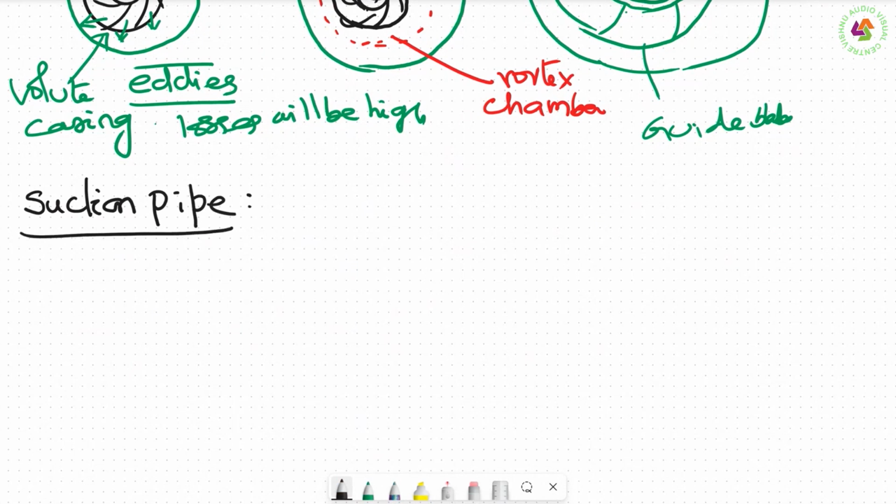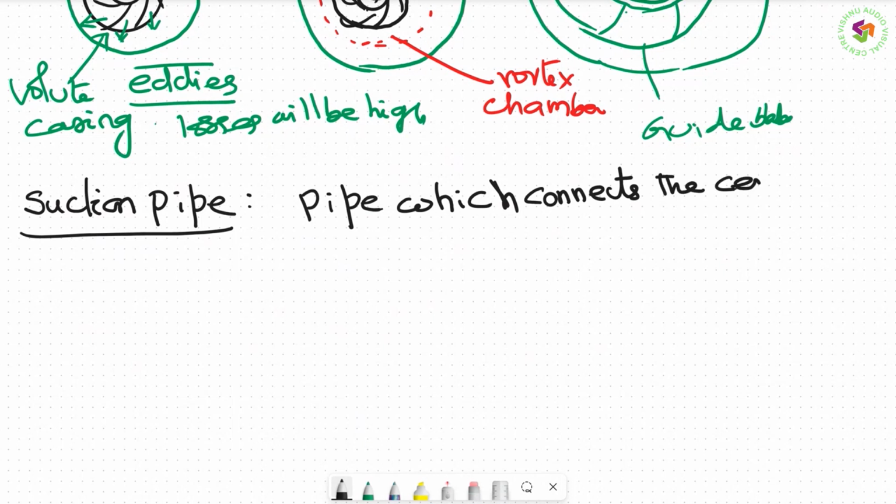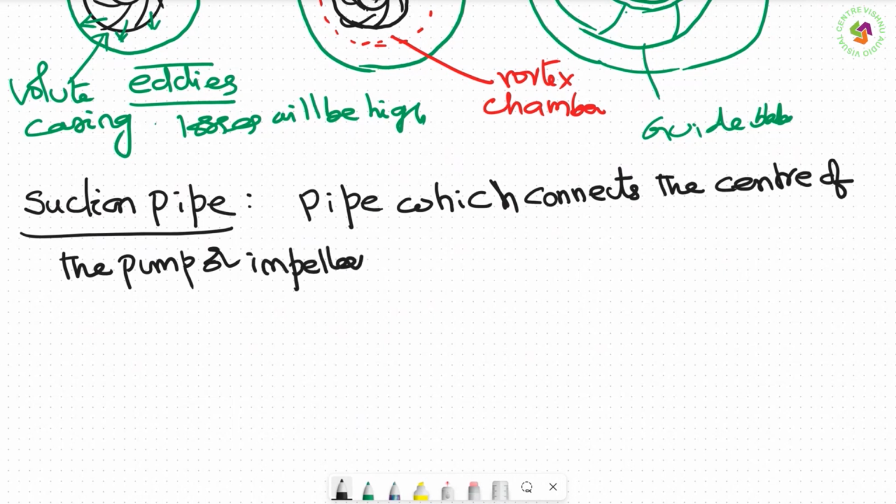The suction pipe is the pipe which connects the center of the pump, which is also called the eye of the pump, or the center of the impeller, to the sump.